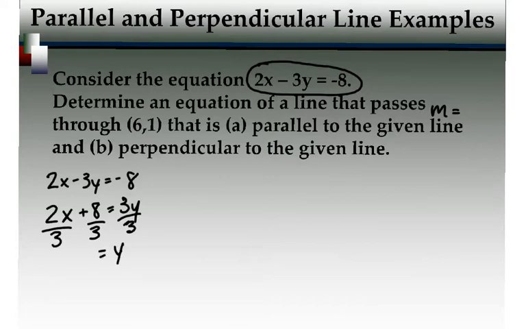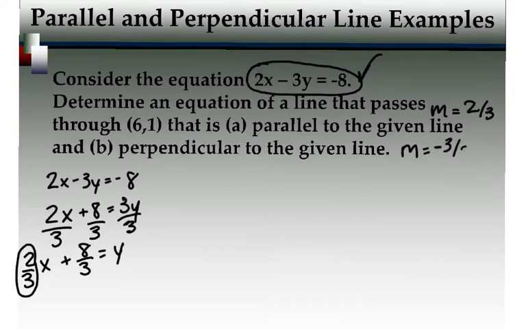We are good because we have our slope now. Our slope is 2/3. For the line that passes through 6, 1 and is parallel to this given equation, we keep our same slope. And then for perpendicular, our slope is going to be the negative reciprocal, so -3/2.